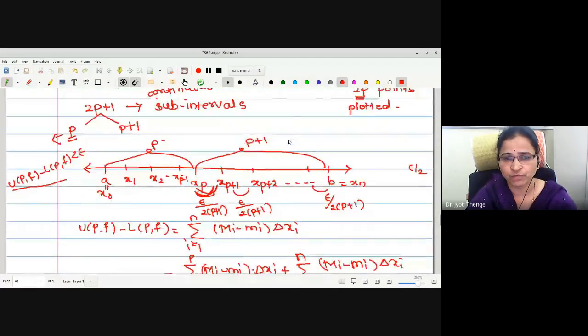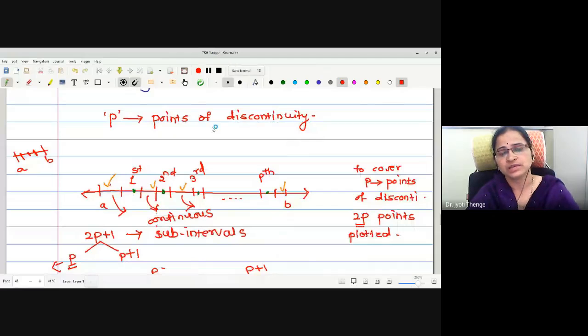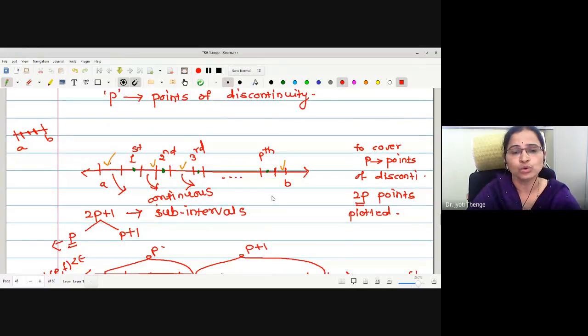What steps have we followed? Let me recall. We started with an assumption that there are P points of discontinuity. All those P points we plotted initially by green dots. Then, to cover these P points of discontinuity, we plotted 2 points around every point of discontinuity, in order to cover the discontinuity in one subinterval.